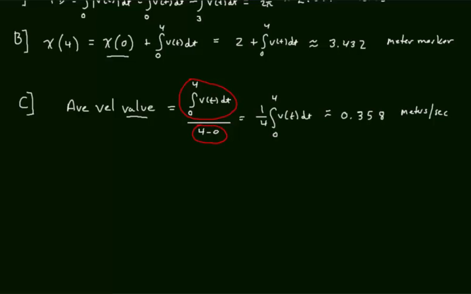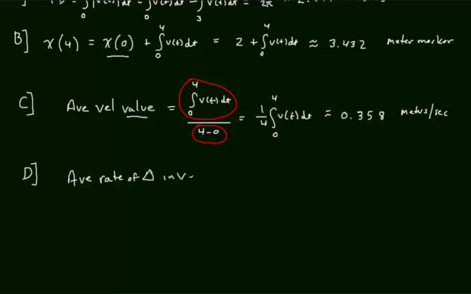Finally, in part D, it wants to know what is the average acceleration. So velocity is given, and they're asking for average acceleration. What they're really asking for is the average rate of change of velocity.